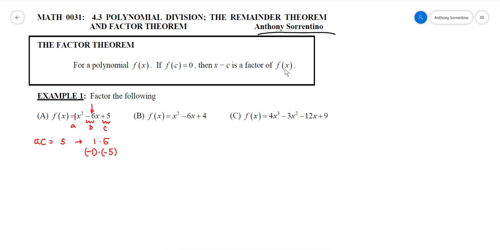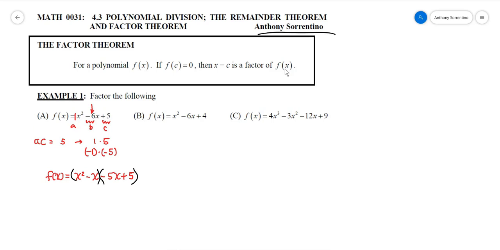So I want to think of f of x as x squared minus x minus 5x plus 5. Then I can factor by grouping, grouping these two together and these two together.